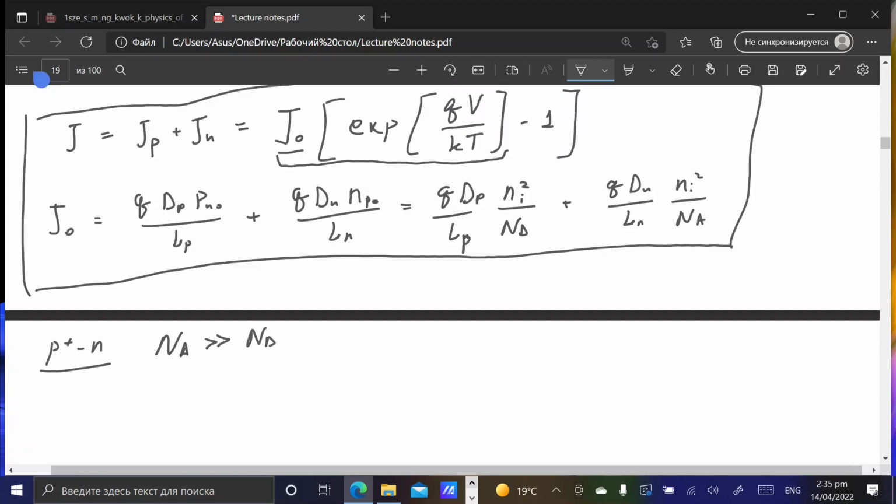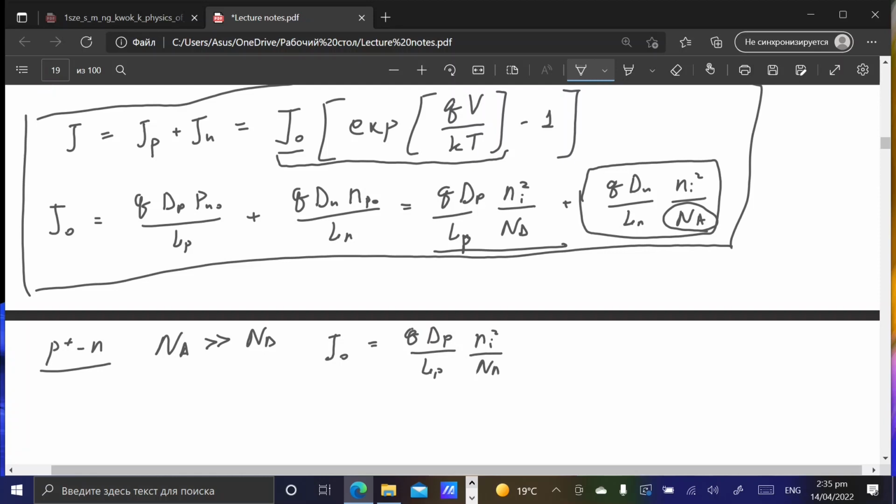And in this case, we can write Na here in the denominator. So this term will be negligibly small in comparison to this one. So we can write that J naught can be expressed only by the first term. It will be Q times Dp Lp ni square divided by Nd.